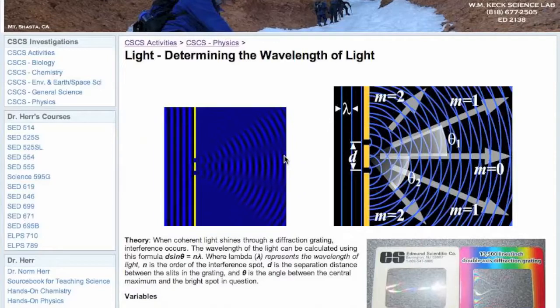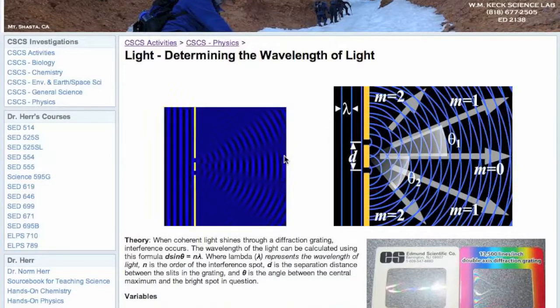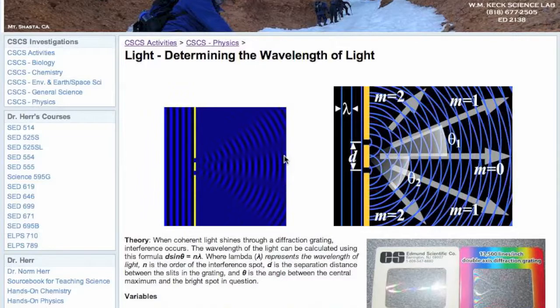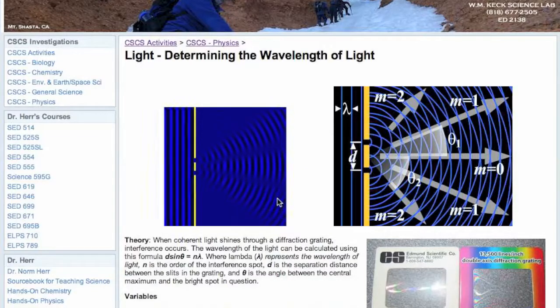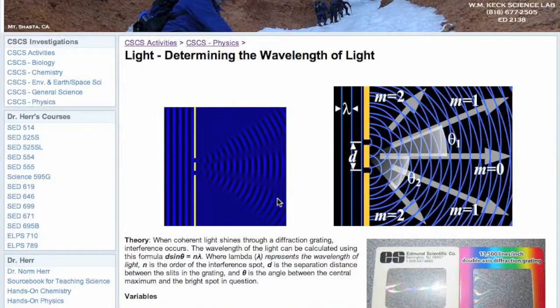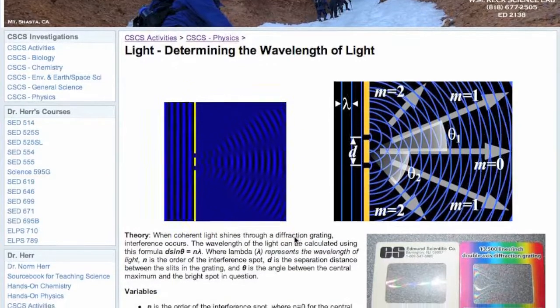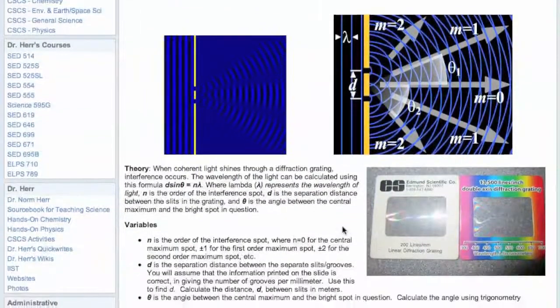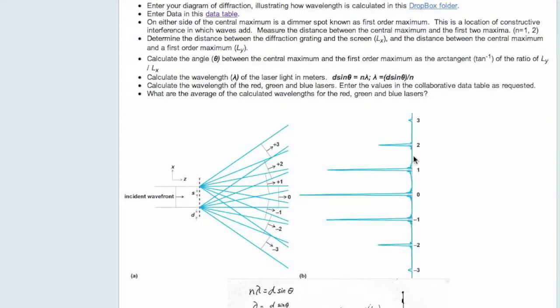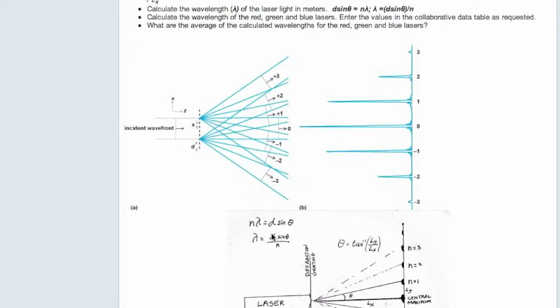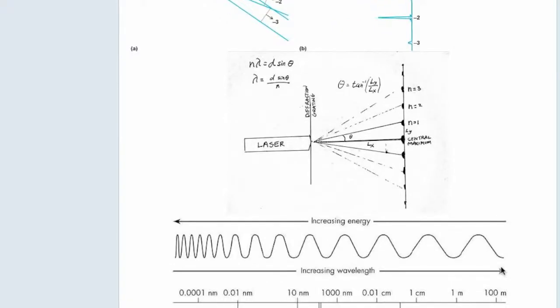In this CSCS activity, we demonstrate the use of mathematical and computational thinking in a little more sophisticated format. Here the students are asked to determine the wavelength of red, violet, and green laser light from laser pointers. They shine it through a diffraction grating, and when it goes through the grating, it leaves bright spots on the wall behind. It leaves them in a grid, and according to Snell's law, you can calculate what the wavelength is based upon the spread of the spots and the distance from the laser.